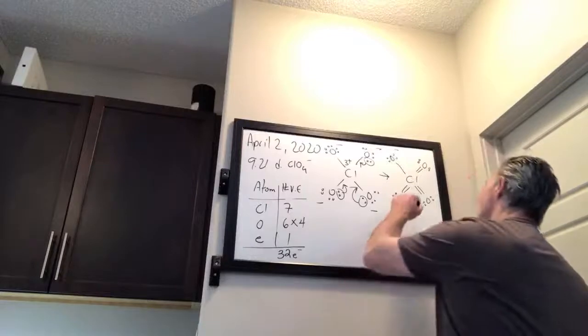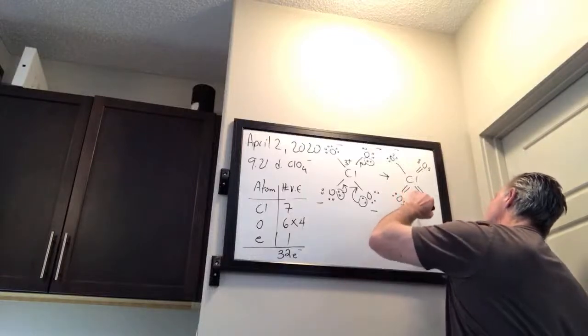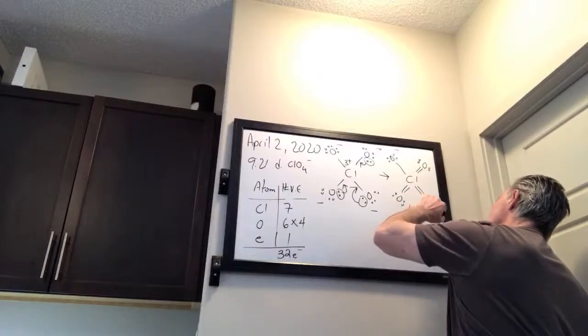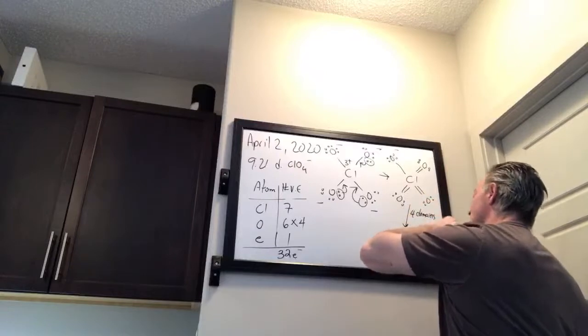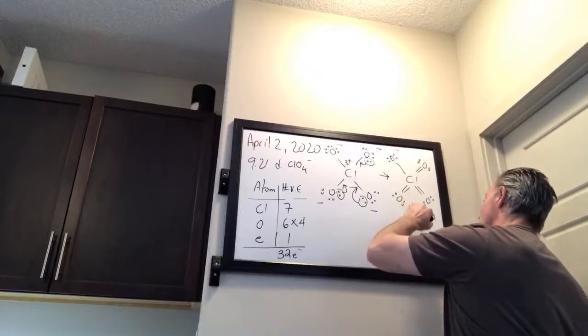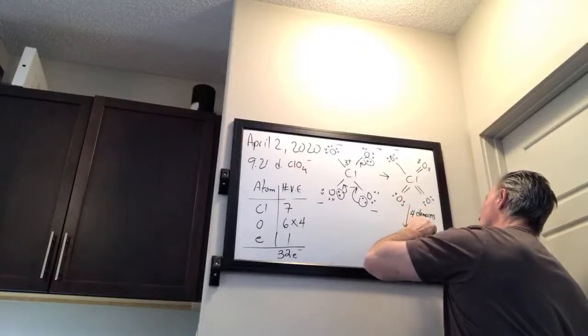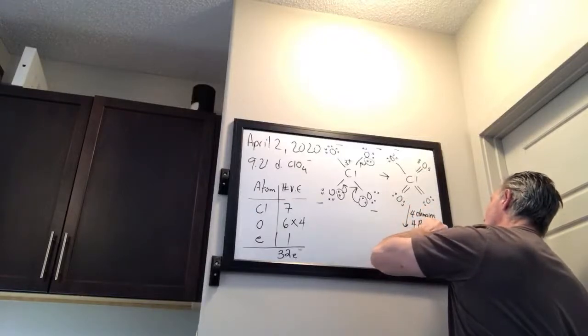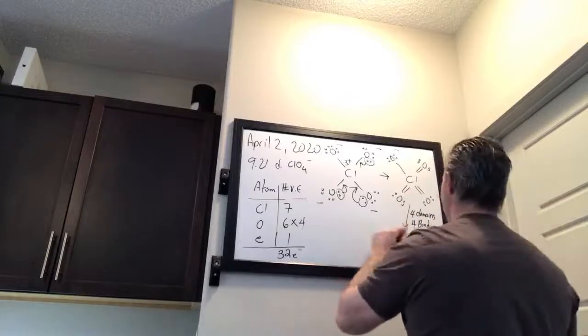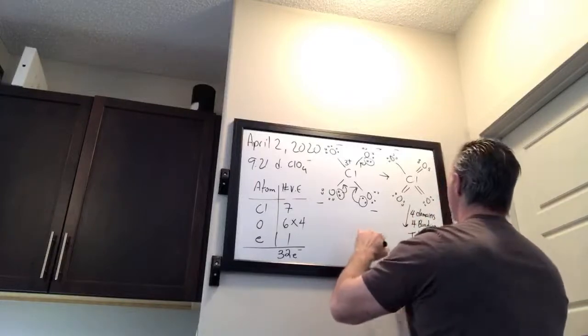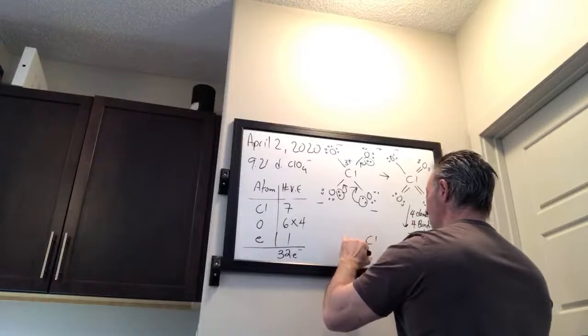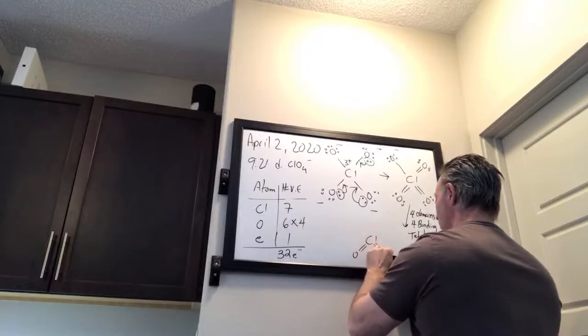When you have 4 domains, and they're all bonding, 4 bonding, so that's going to be tetrahedral. I hate drawing these ones because the double bonds make it more cumbersome. Anyway, it looks like this.